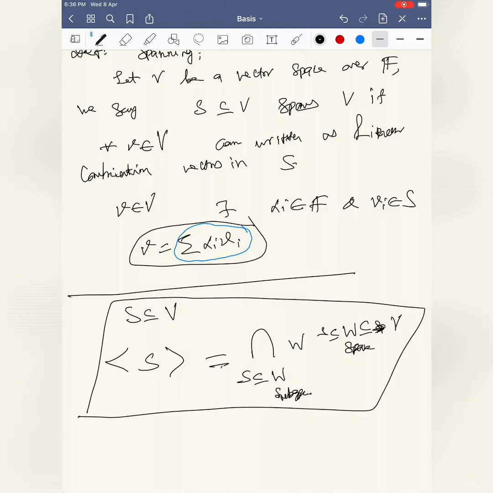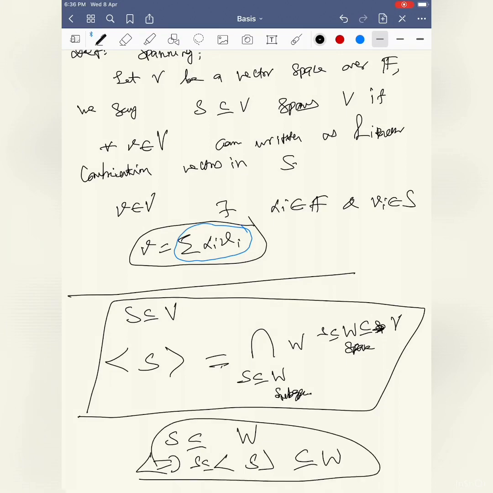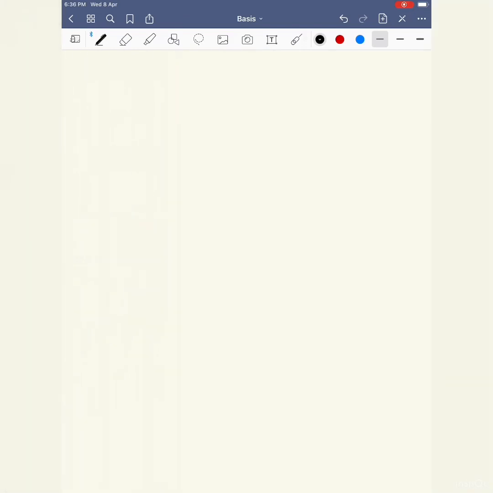Okay, whenever S is inside some subspace W, that implies the span is inside W. In fact, if and only if, because S is always inside the span. So this is a condition. Okay, so with these two definitions, let me give you the definition of basis. What is a basis?